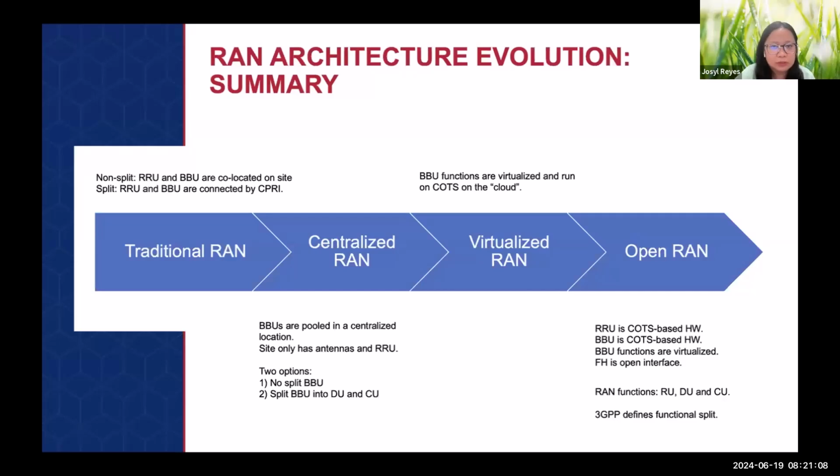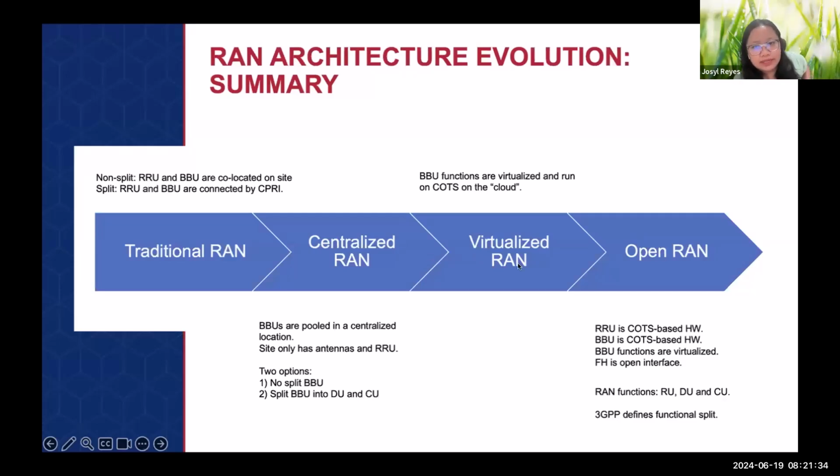The baseband unit and the radio units are connected usually via fiber optic connections, because it may be kilometers away. There are two options for this: the no-split BBU, and the BBU split into DU and CU. The DU is the distributed unit and the CU is the centralized unit.